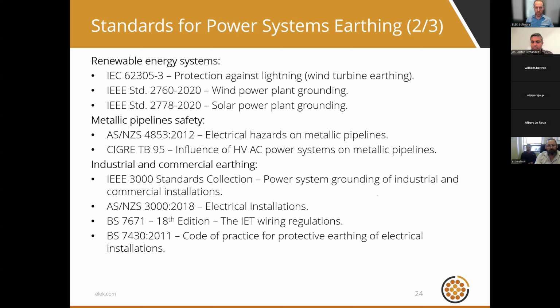And for industrial and commercial earthing, even though we may be working with high voltage systems, we still need to also refer to these low voltage earthing design standards at the interface between HV and LV.